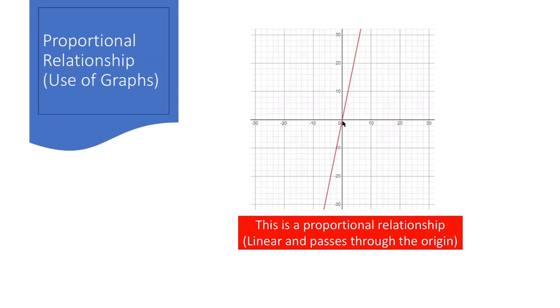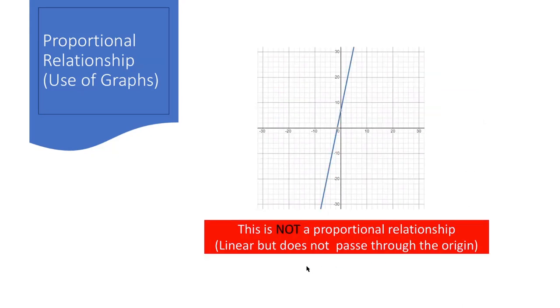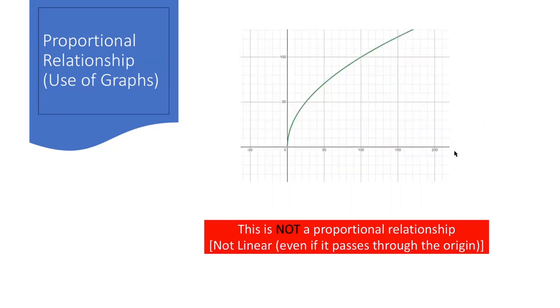It's a straight line, and it passes through the origin. This one is not a proportional relationship because, even though it's linear, it doesn't pass through the origin. This one is also not a proportional relationship. Although it passes through the origin, it's not a straight line, so that does not work.